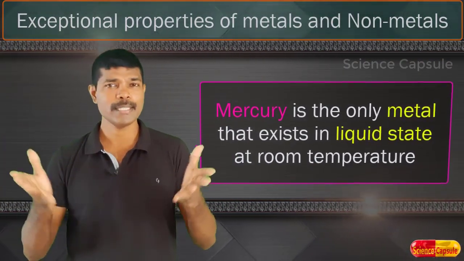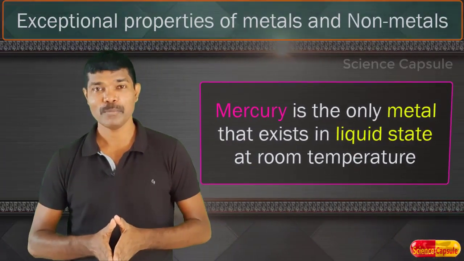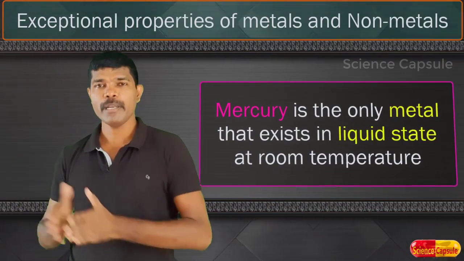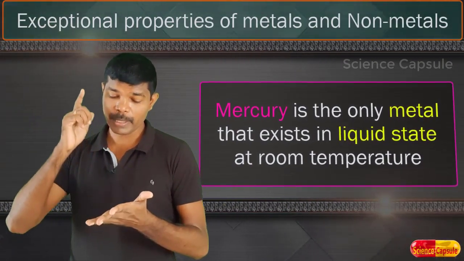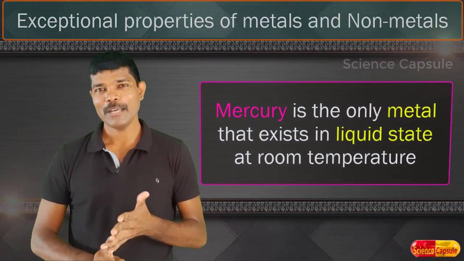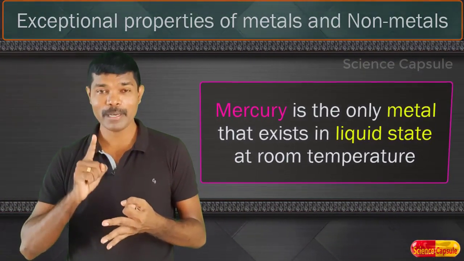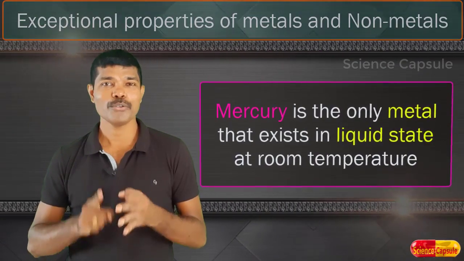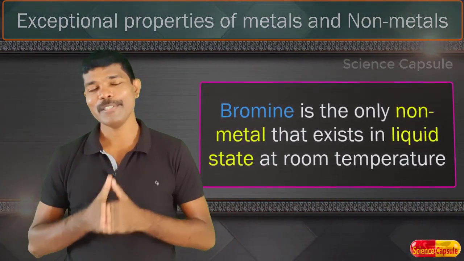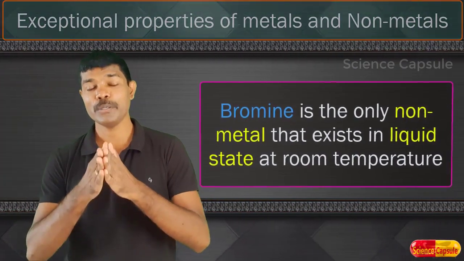And in case of non-metals, we have seen that all of them exist either in solid state or in gaseous state. We have not seen any non-metal which exists in liquid state. But you should know that bromine is a non-metal which exists in liquid state at room temperature.